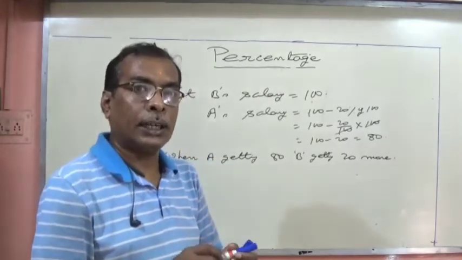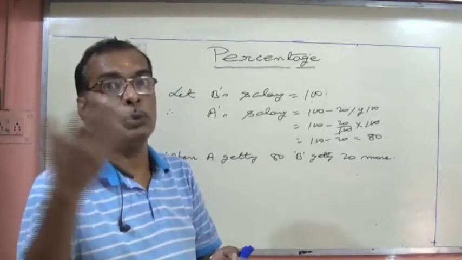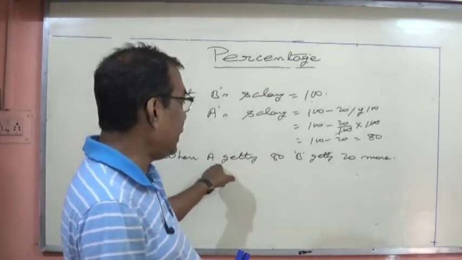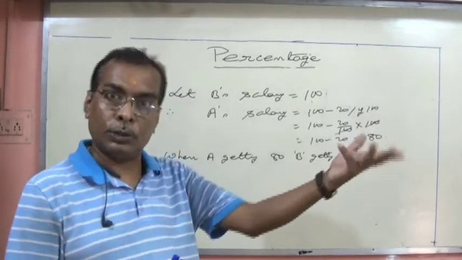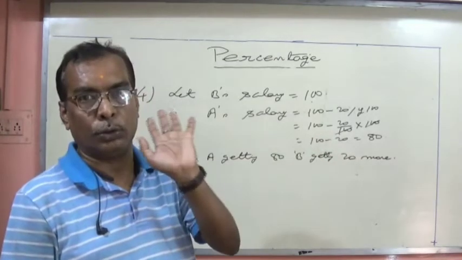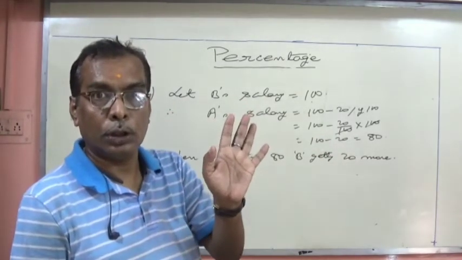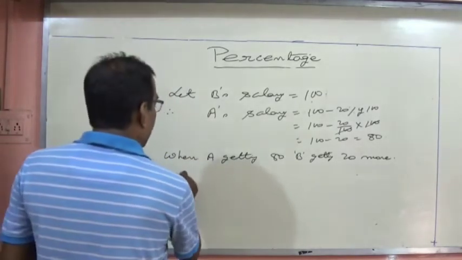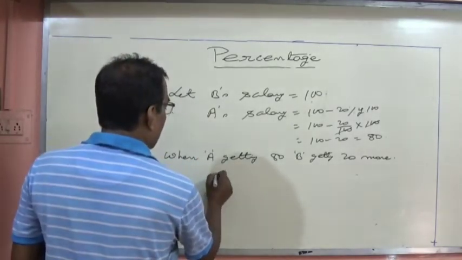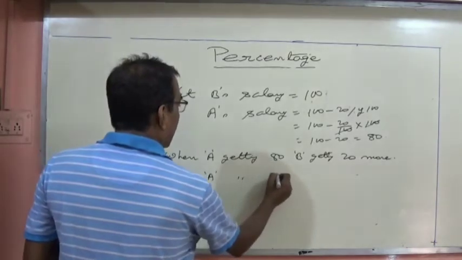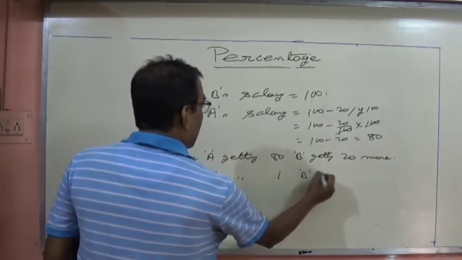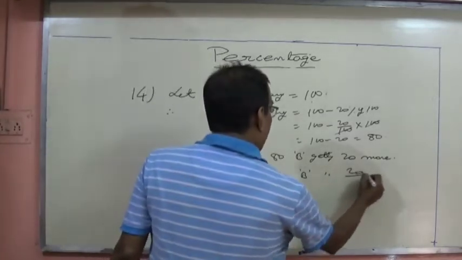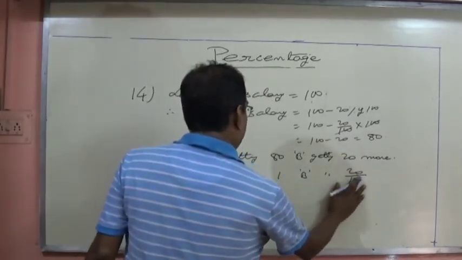Now they are asking that B is getting how much percentage more than A. How much percentage more than A means when A is getting 100, then B is getting how much more? So how will you find it? By unitary method. It is quite simple. When A is getting 1, B is getting how much more? Unitary method, 20 by 80.